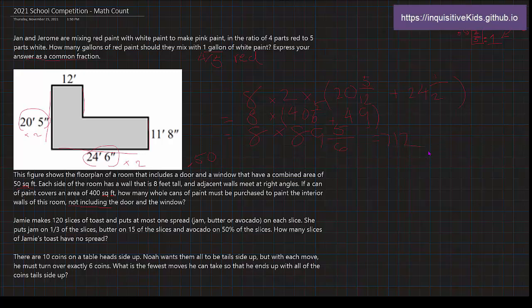712, and 8 times 5 sixths. That would be 20 plus 20 over 3, which is also equal to 712 plus, let's see, 6 and 2/3, which means 718 2/3.